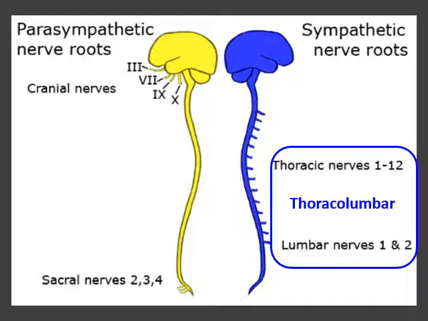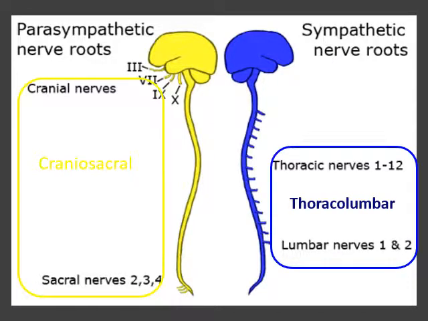The parasympathetic division of the autonomic nervous system is the craniosacral outflow of the autonomic nervous system. The cranial outflow supplies the visceral structures in the head and neck via the oculomotor, the third cranial nerve, the facial, which is the seventh cranial nerve, and the glossopharyngeal nerve, which is the ninth cranial nerve.